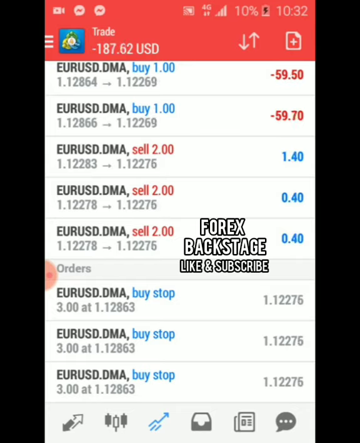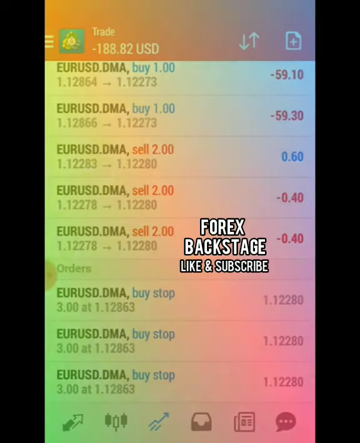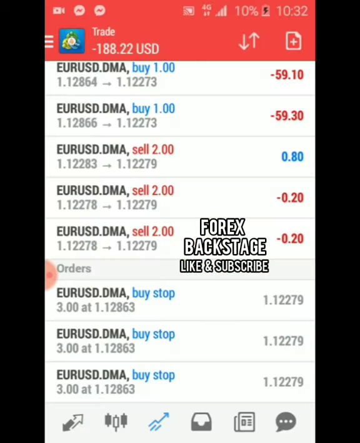The moment my 3.00 is activated, I will now set my sell stop of 4.00. If my sell stop 4 is activated, I'll set my buy stop 5. If my buy stop is activated, I'll set my sell stop 6, 7, 8, 9, 10, just like that, until the market chooses the direction, and dark or blue or green or yellow it will choose.